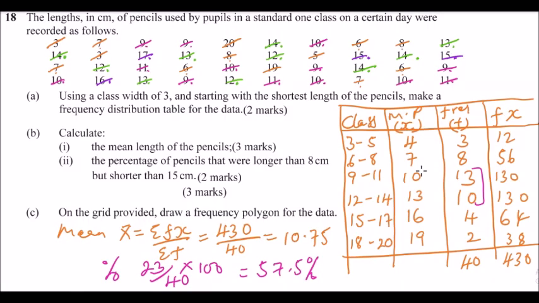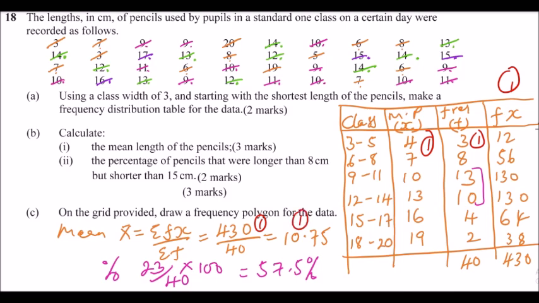In this one you get a mark for getting the midpoint. You get another mark for identifying the frequency, and you get another mark for multiplication and addition to get the total fx. When it comes to the mean, you get 1 mark for the method and 1 mark for the answer.